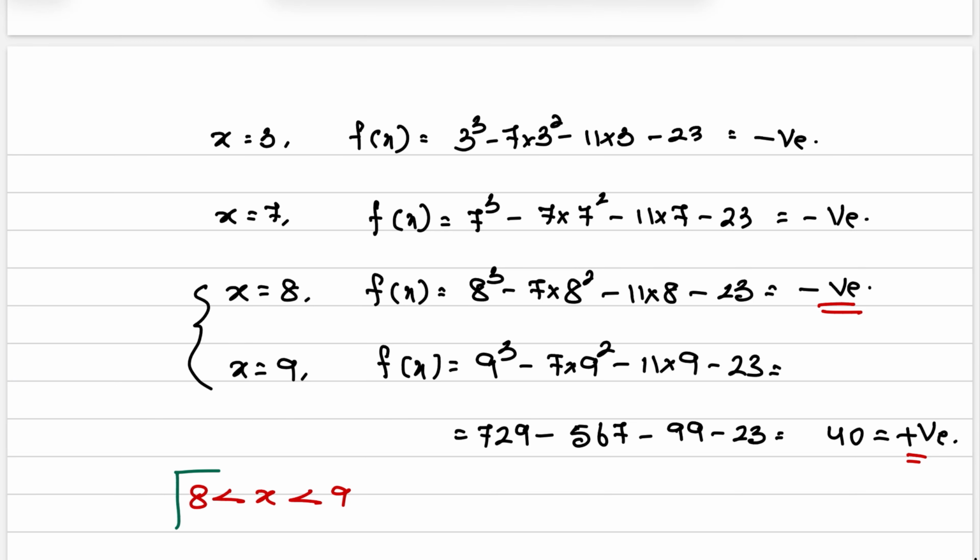Do you agree? x is greater than 8 but less than 9, because the solution for the equation lies between 8 and 9, since the value of f(x) changes its sign from negative to positive. Please try to understand this.